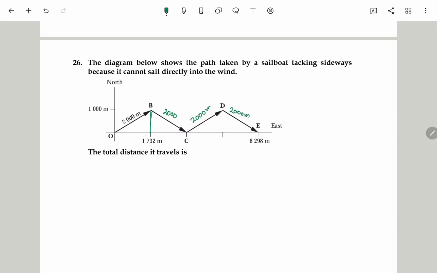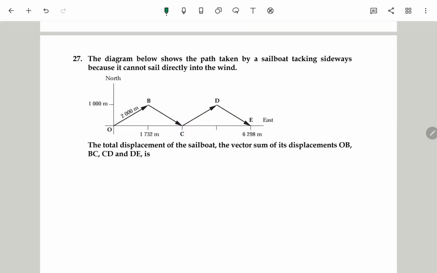So the total distance in this case is 2000 plus 2000 plus 2000 plus 2000, so the total distance is equal to 8000 meters.